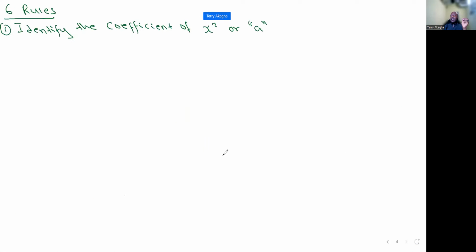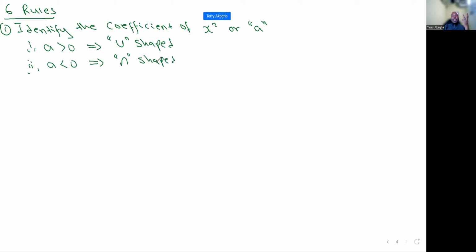Now, if, for instance, in the question, the a is greater than 0, it means that it's going to be a U shape. So the graph is going to be U-shaped. If you solve it, and a is less than 0, that means it's going to be a what? An N shape.